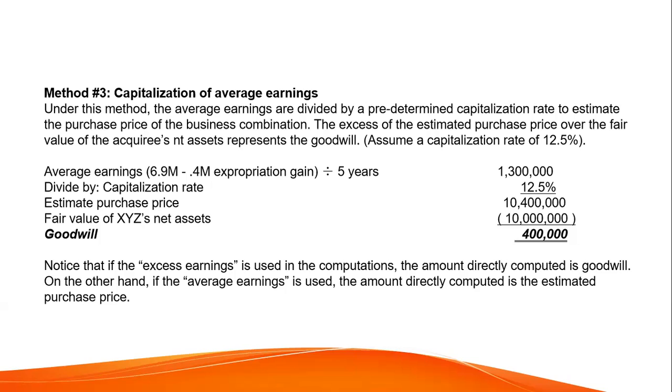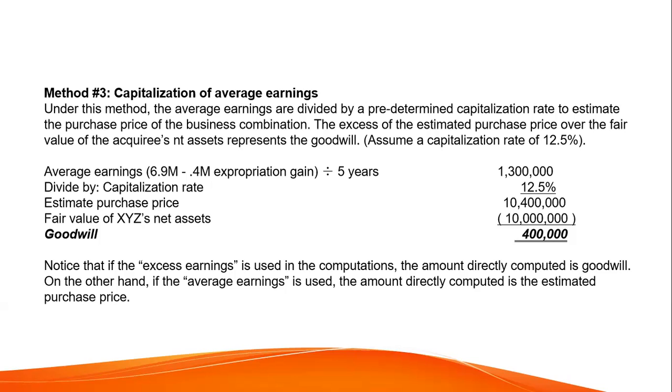We now get the estimated purchase price of 10,400,000, and we deduct the fair value of the net assets already given in the data. We have the goodwill of 400,000.